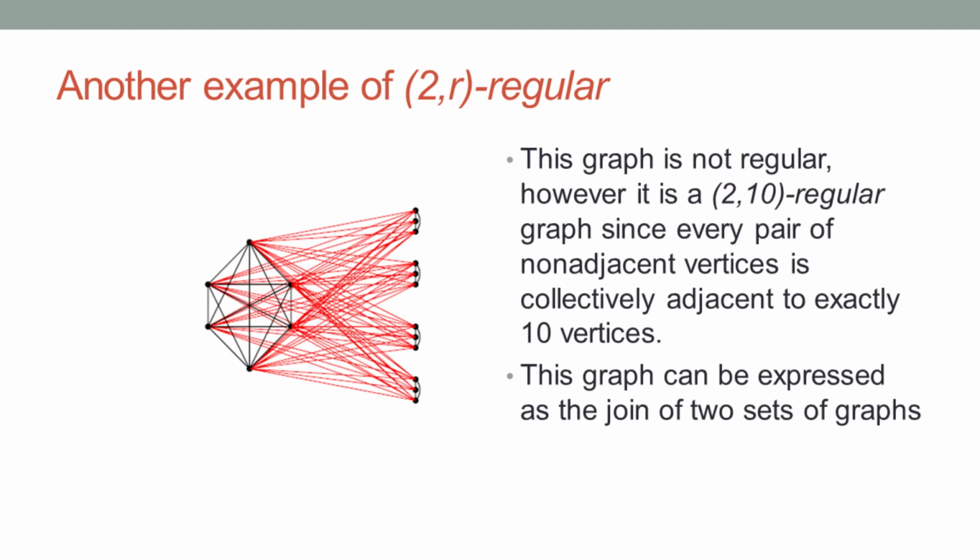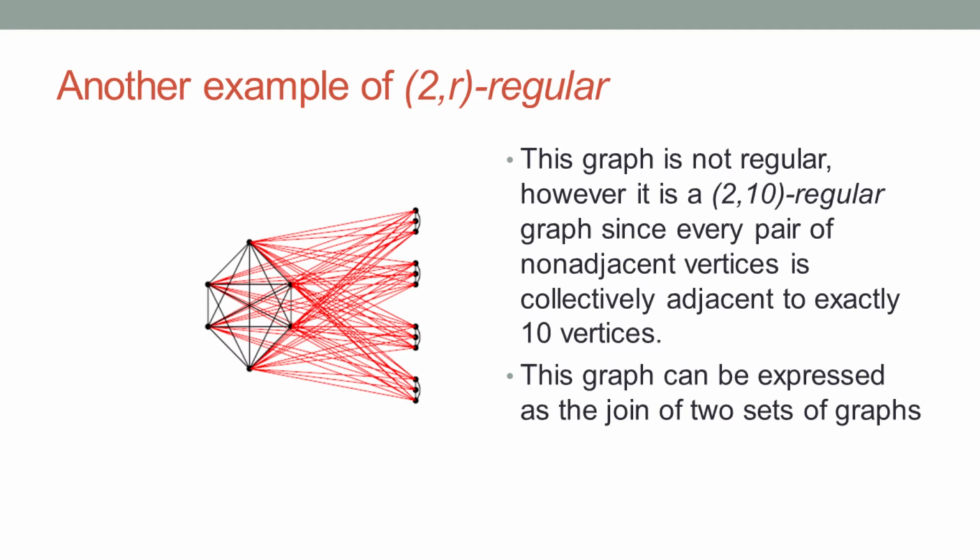The vertices that are red are the connecting edges, and the vertices on the left are adjacent to all of the vertices on the right. Since the vertices on the left are adjacent to all the vertices on the right, and they're also adjacent to each other because it's a K6, the vertices on the left are of degree n-1. That is, they cover everything.